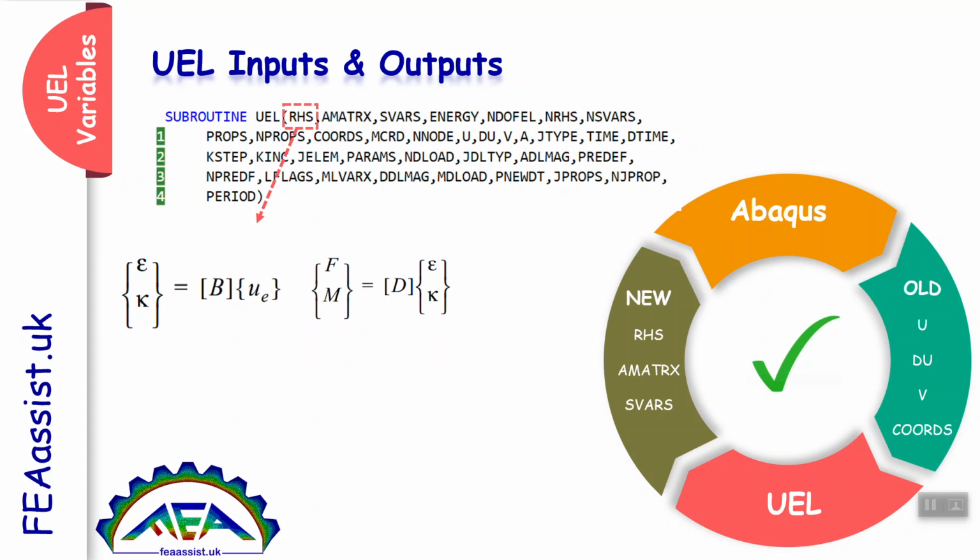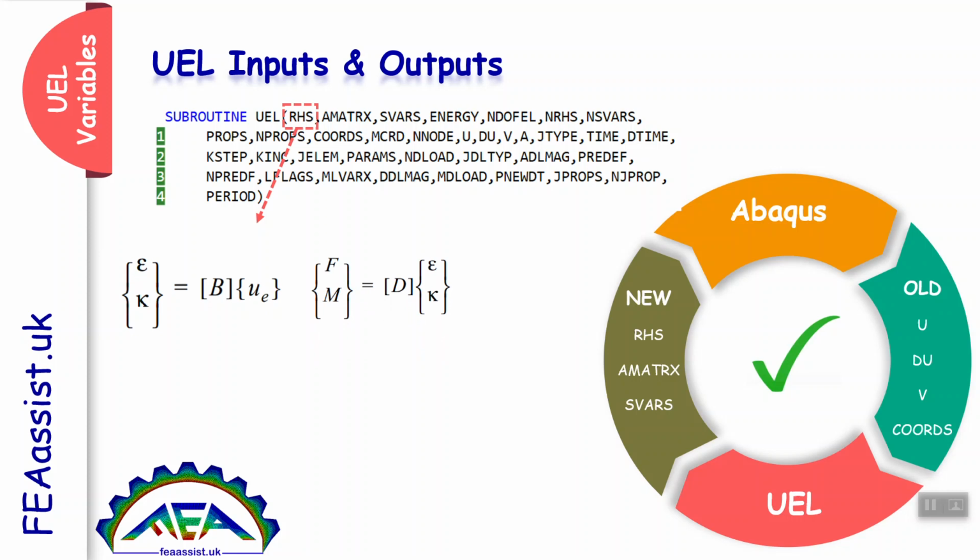And when we compute strain and curvature, then we can compute the force and moment from this strain and curvature with D. D here is a stiffness matrix, or in one-dimensional problems, F equals D epsilon. D is E, Young's modulus, the elastic stiffness matrix.